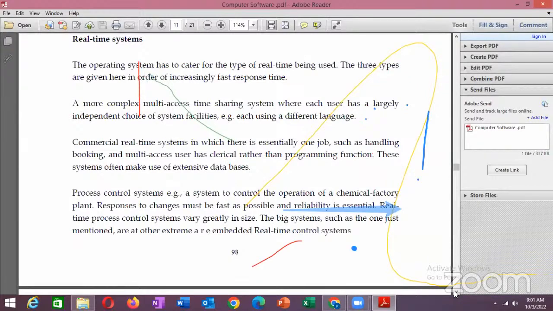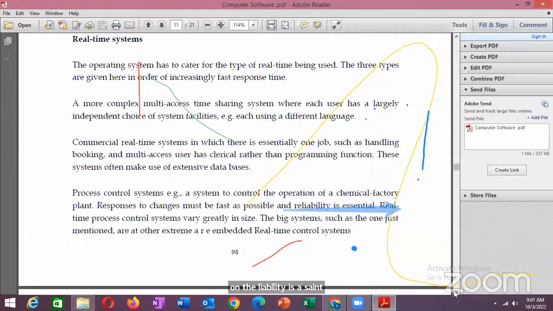This system often makes use of excessive data buses. Then you have what we call the process control system. This is what I've just been talking about: a system to control the operation of a chemical factory plant. Response to change must be as fast as possible, and reliability is essential.